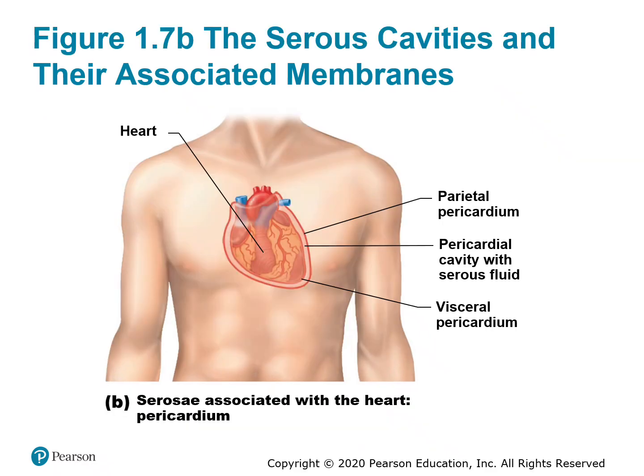So that's the lung, that's the heart. Right? You've got your parietal pericardium, your visceral pericardium, and the pericardial cavity in between. The in-between space. Okay?